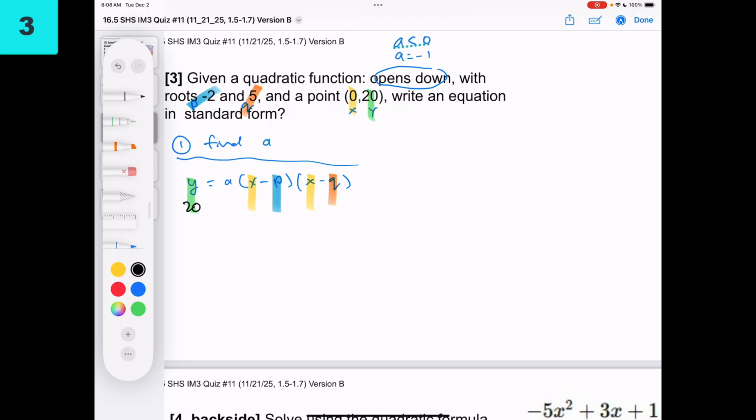Y is 20. We're trying to find the A value. X is 0. Pay attention, the minus sign has to be there, and my P value is -2. X value is 0. That minus sign has to be there. Q value is 5. So that becomes plus.